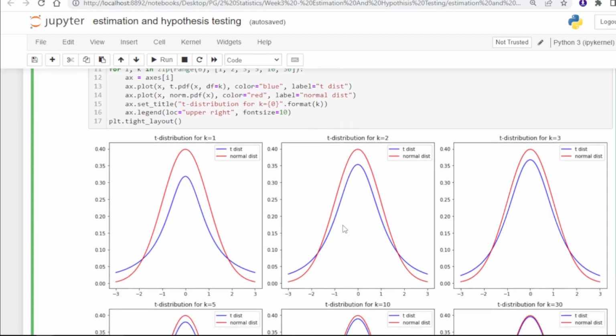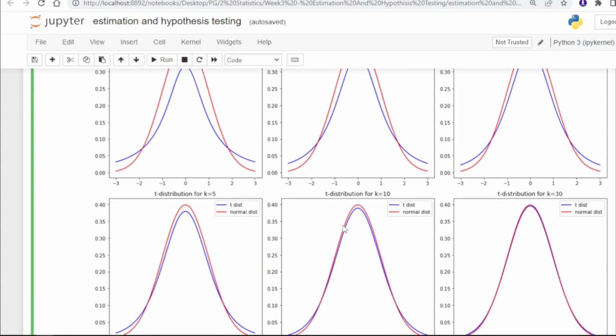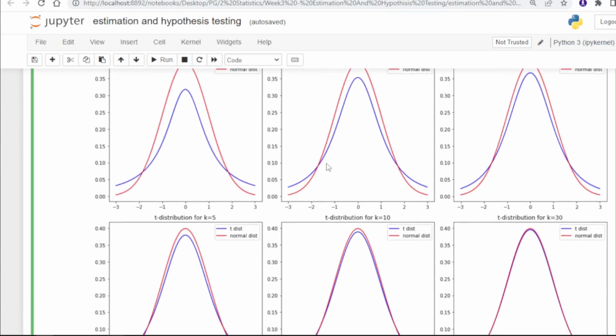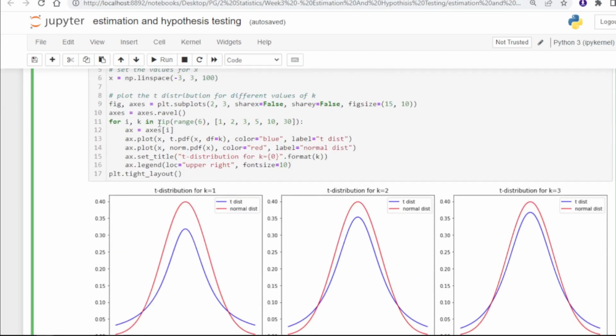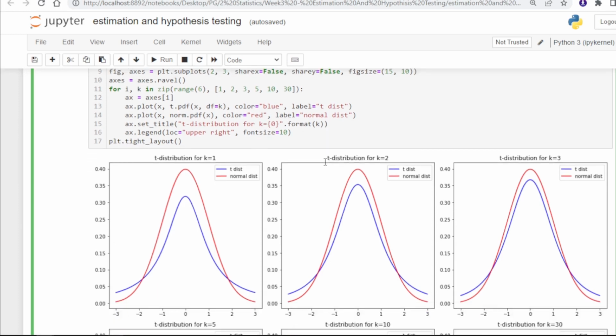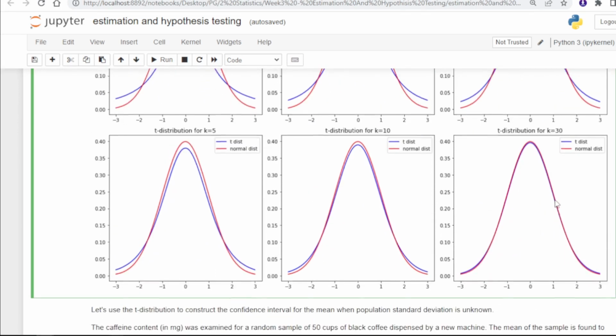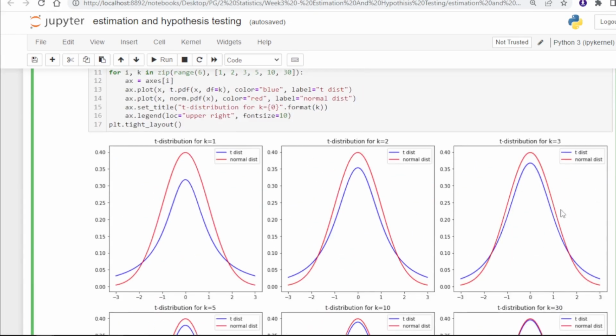You can see how all these 6 graphs are behaving, and at the last, when the size is increased up to 30, how closely it matches the normal.